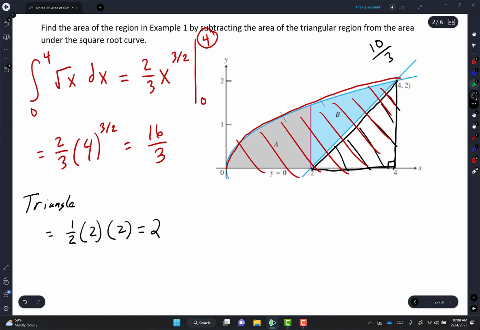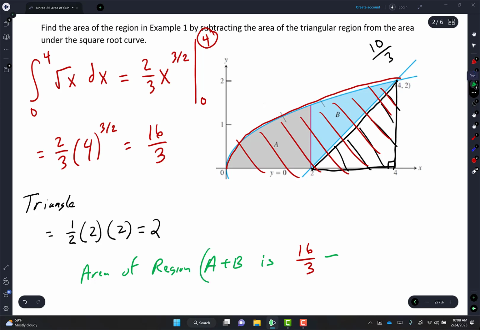So here we go. I'm going to pick a neutral color like green. So I'm going to say area of region A plus B is, let's see, and then I'm going to write my colors, 16/3 minus the what?